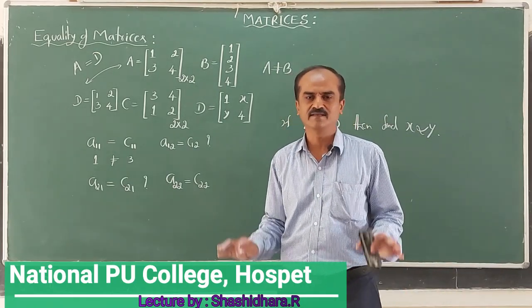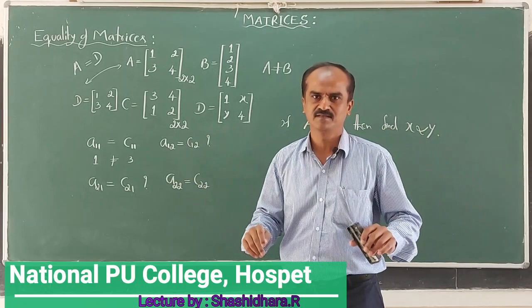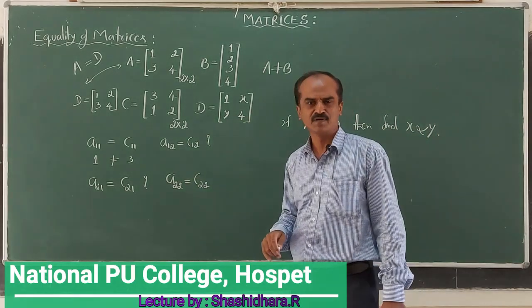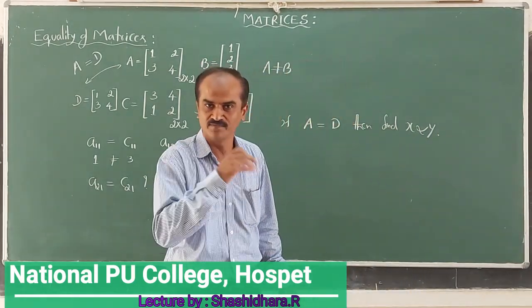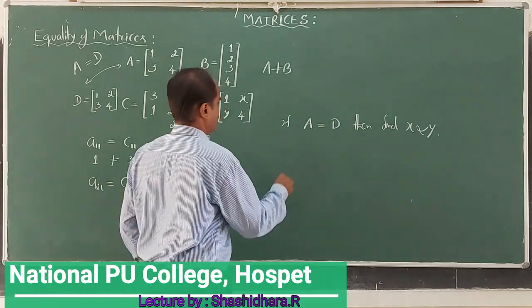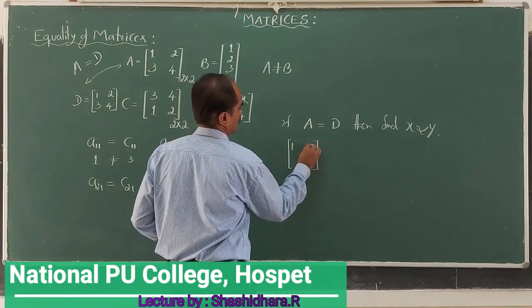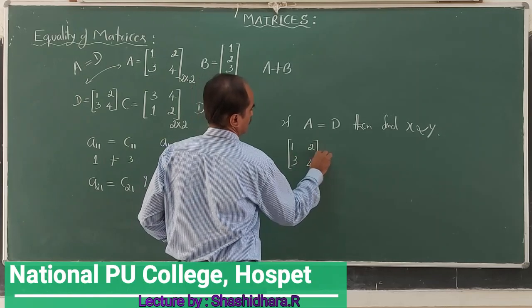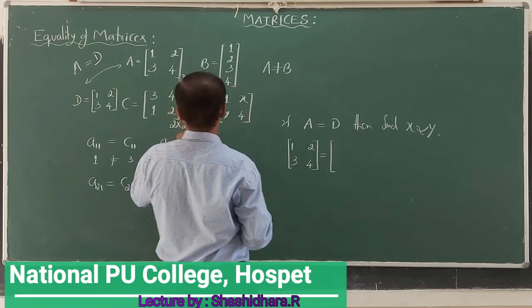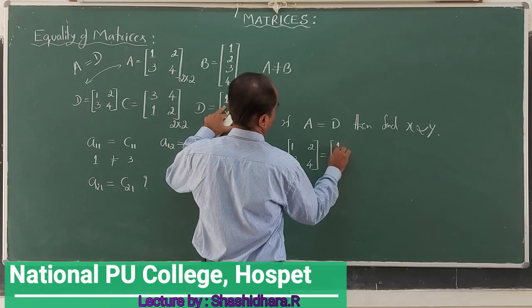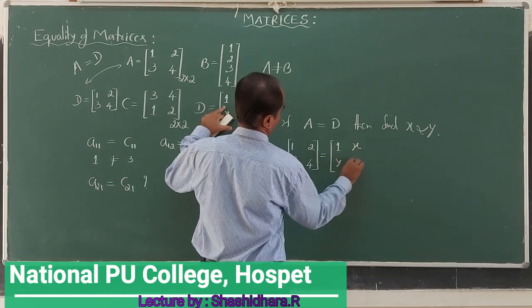They are given A is same as D, but D matrix contains some unknowns. What would be the values of X and Y they are asking? Now A equal to D, matrix A contains 1, 2, 3, 4 elements. Matrix D contains elements 1, X, Y, 4.